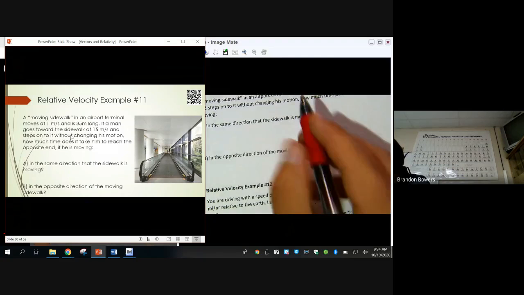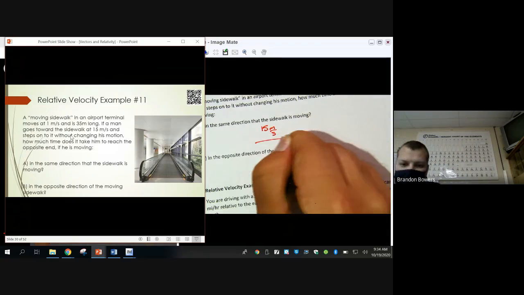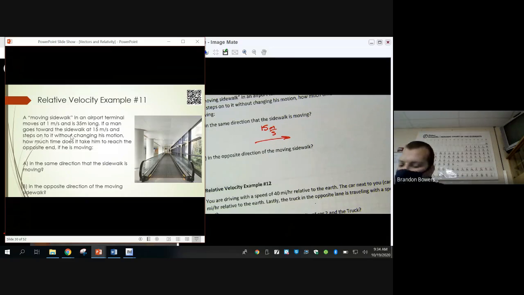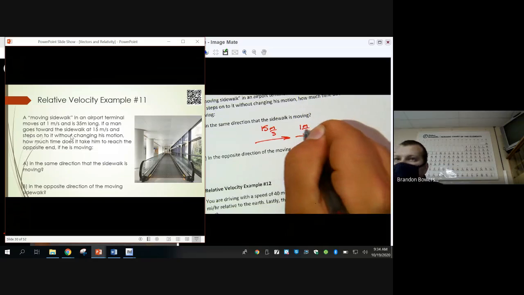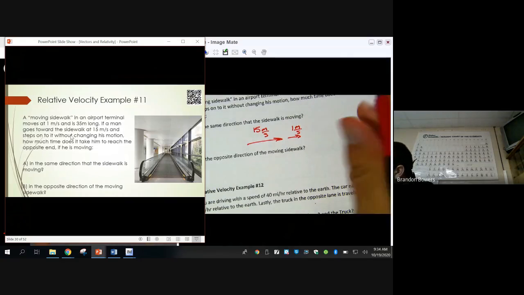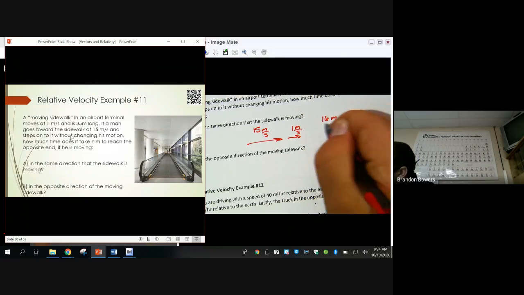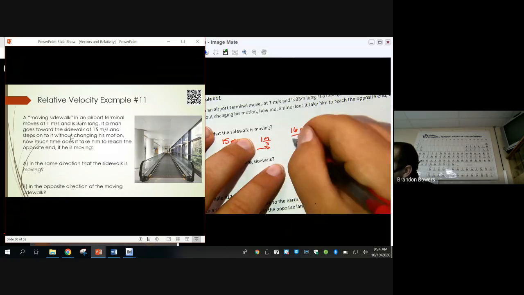He's moving 15 meters per second in the same direction, so if you combine those two, that equals 16 meters per second. How many seconds will that take him?